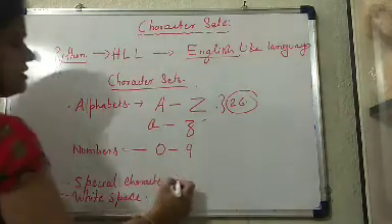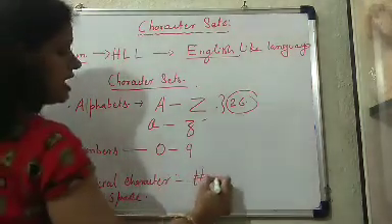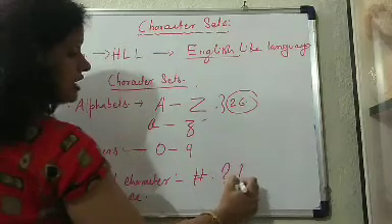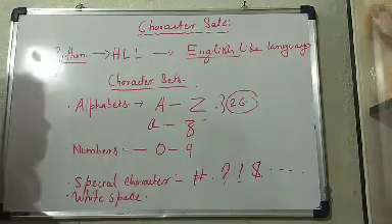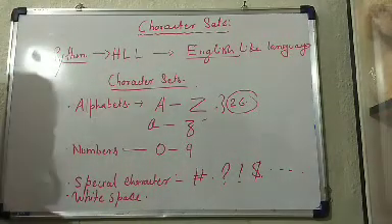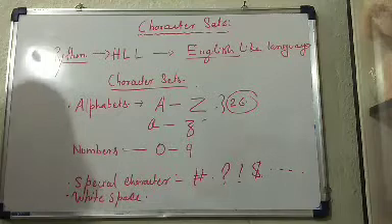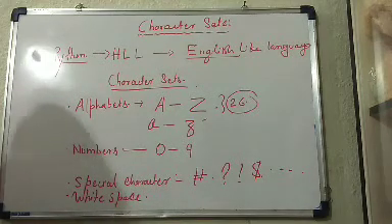And special characters are all those like hash, dot, question mark, exclamation mark, dollar sign. All the special symbols and punctuators you are using come under special characters.